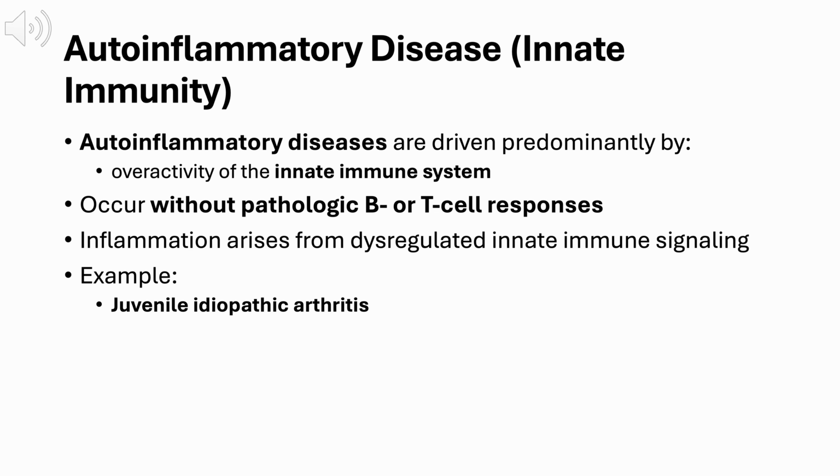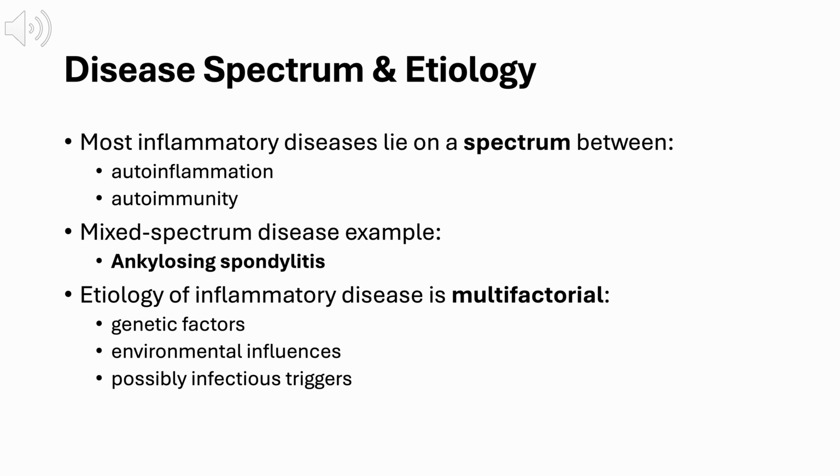A clinically relevant example is systemic juvenile idiopathic arthritis, which has prominent autoinflammatory features and may be associated with ocular inflammation. The key distinction is that autoimmune disease is centered on maladaptive antigen-specific immunity, whereas autoinflammatory disease is centered on inappropriate activation of innate immune pathways.